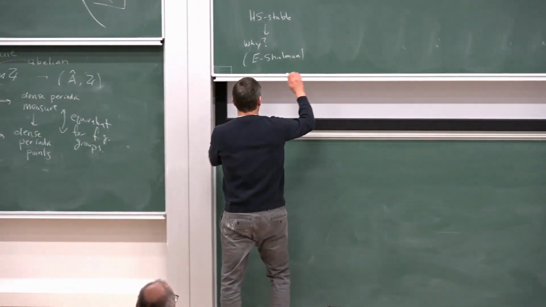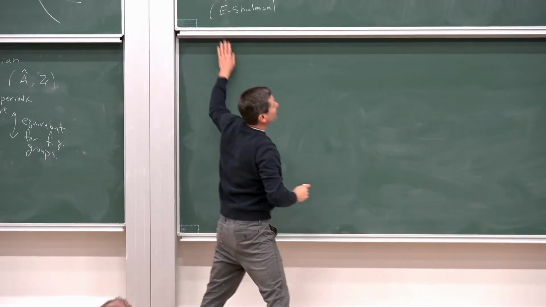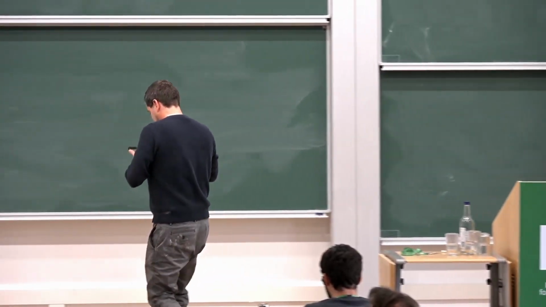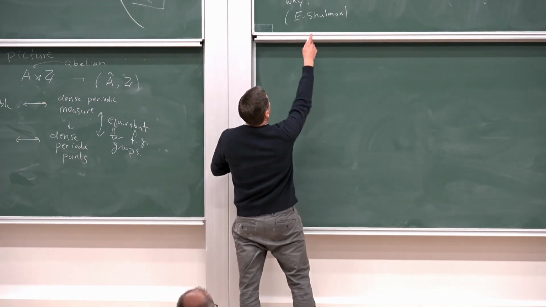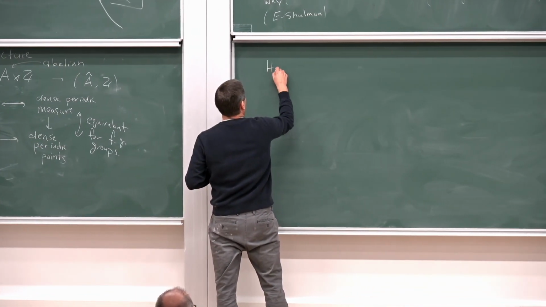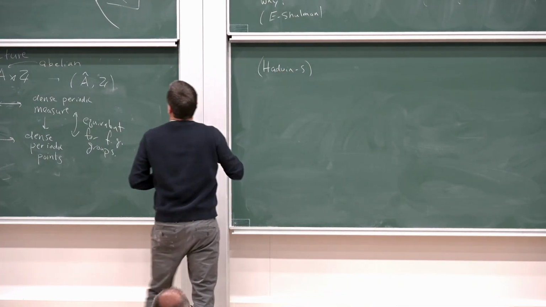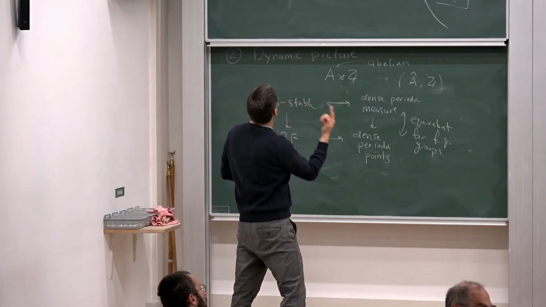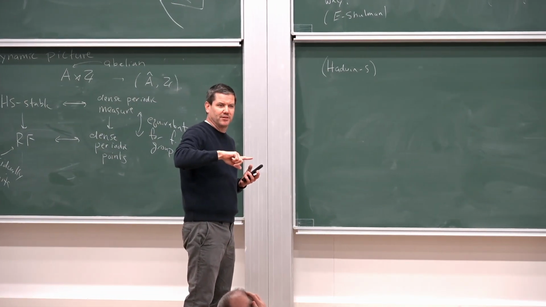But for this one, it's pretty easy. Here we used Hadwin and Shulman. By now we're familiar with the result that for amenable groups, Hilbert-Schmidt stability is the same as being able to approximate characters by finite dimensional characters.